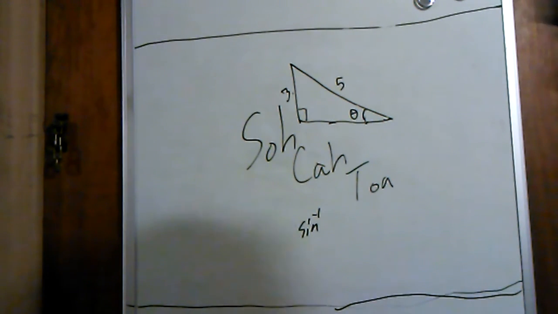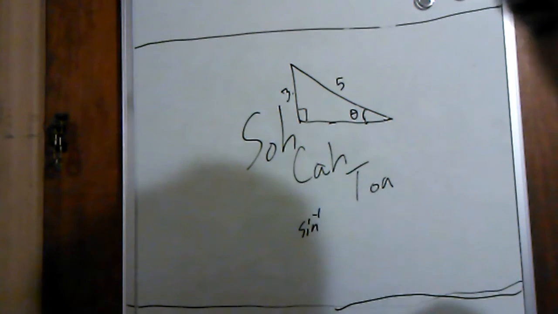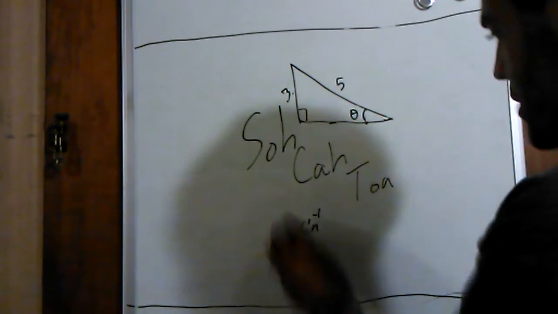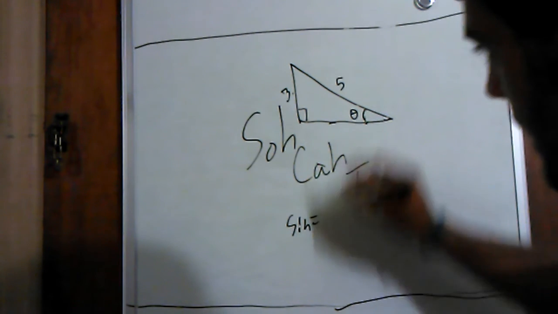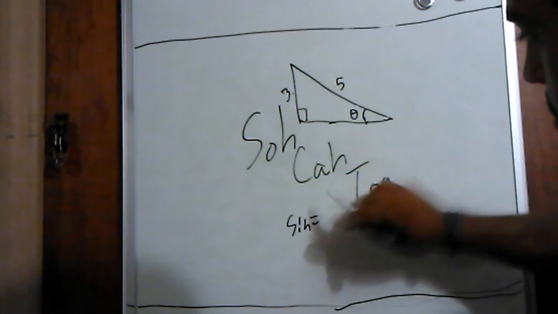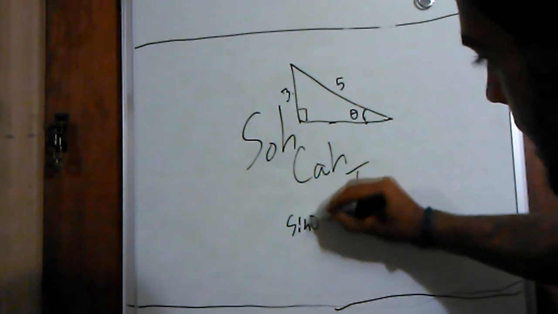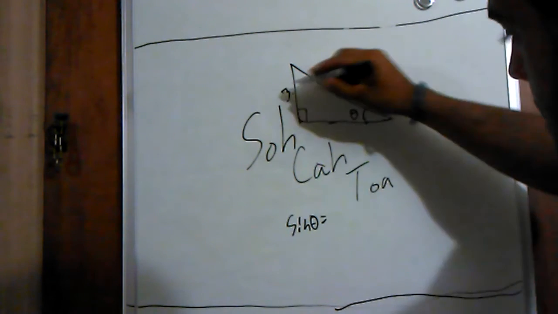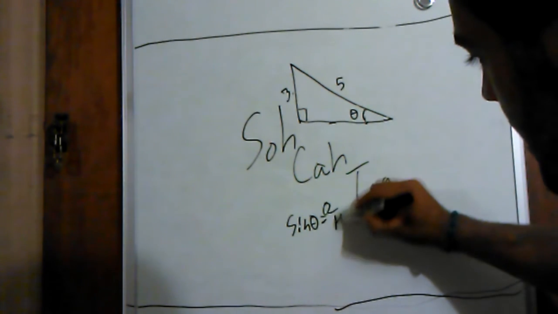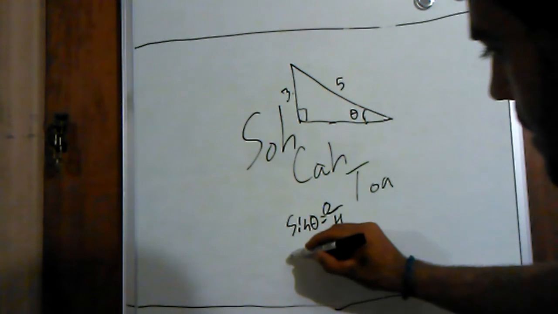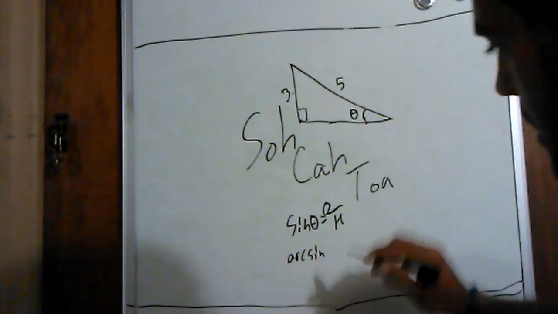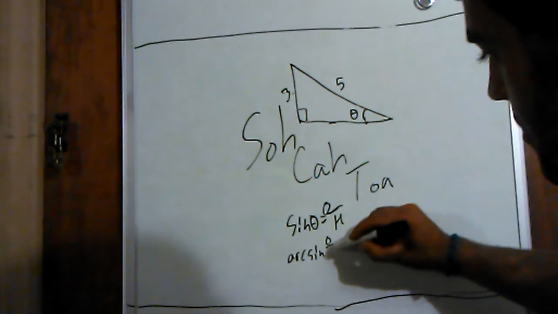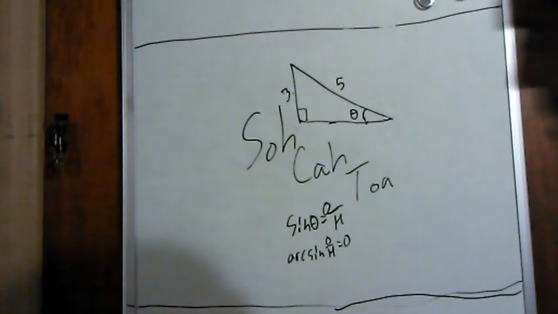What that does is it works in reverse. So if the sine of theta equals the opposite over the hypotenuse, then the arc sine of the opposite over the hypotenuse equals theta. You see how that works in reverse?